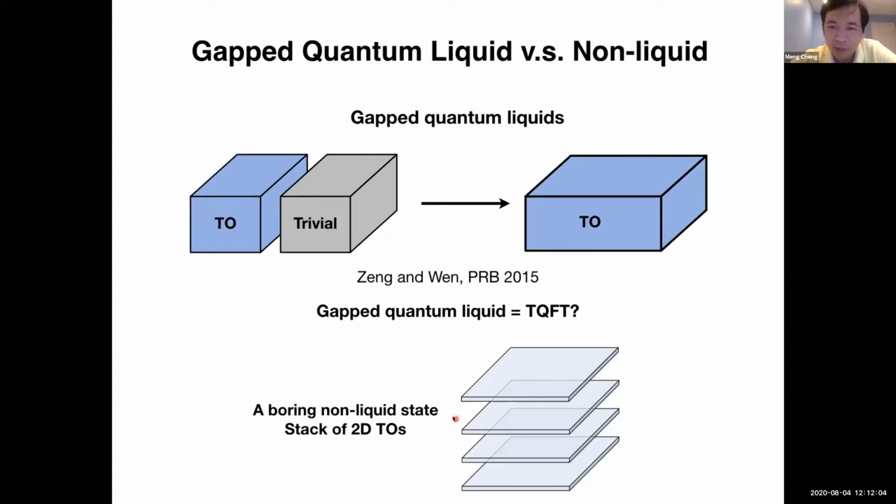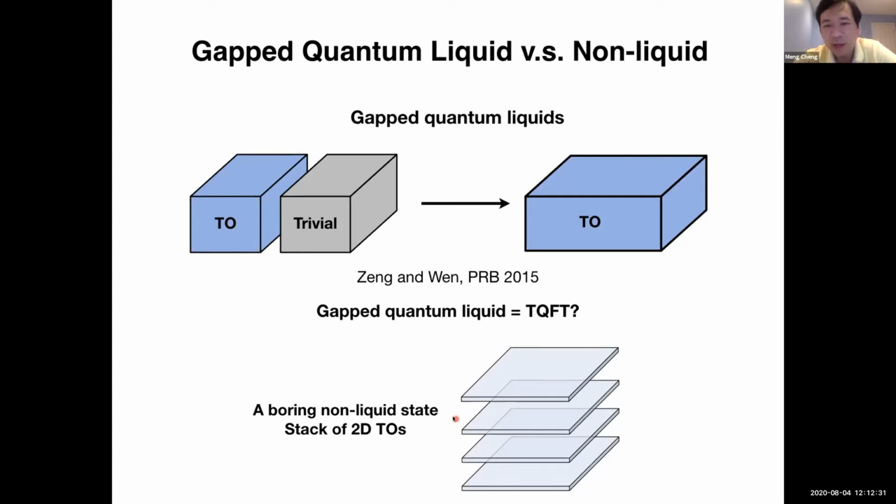Okay, I'm not aware of any non-liquid states in lower dimensions, but in 3D, because of the existence of two-dimensional topological order states, you can just stack them up, and you'll get a 3-dimensional gapped phase. But this is not a liquid, because if you want to grow the size of the system, you have to add additional layers, and these layers cannot be generated from adding trivial states.